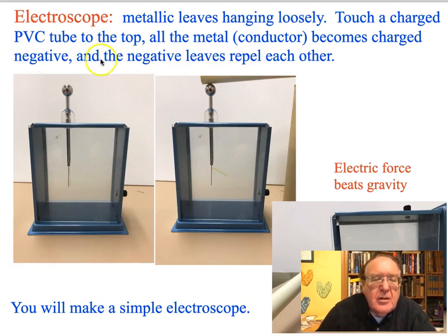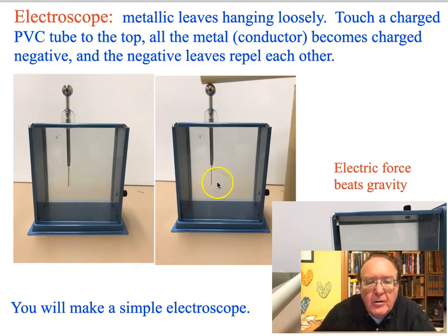So on the middle picture, I touch the top of it with a PVC tube, okay? And put some charge on it. And then you can see that the gold leaf has flipped up to the right-hand side, okay? In other words, you put some negative charge here. All of this becomes negatively charged. So this is negatively charged. The gold leaf is negatively charged.